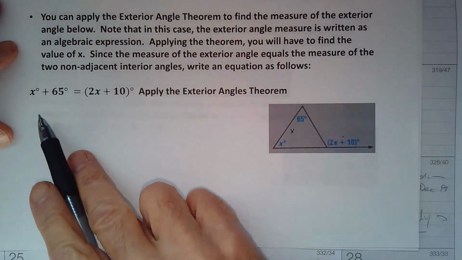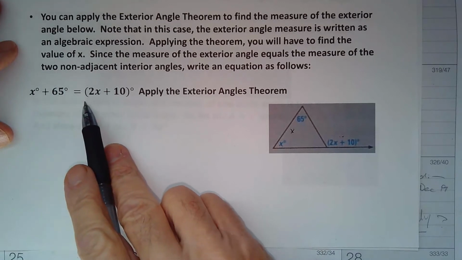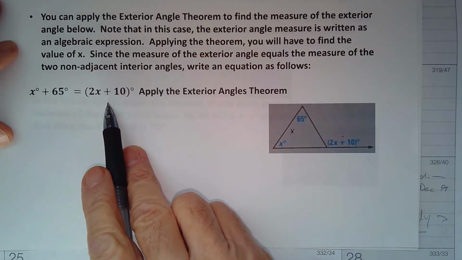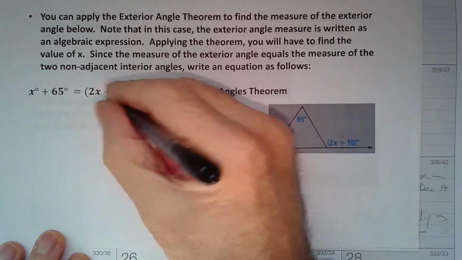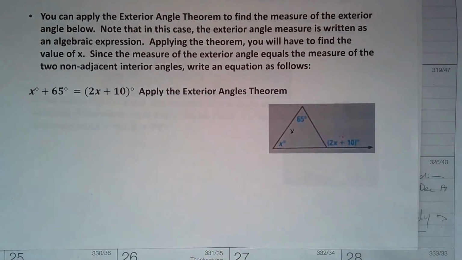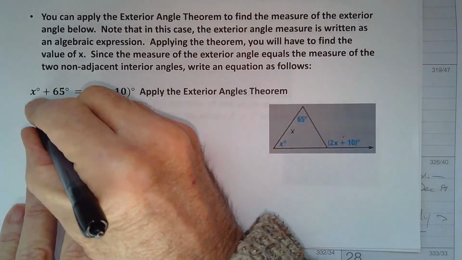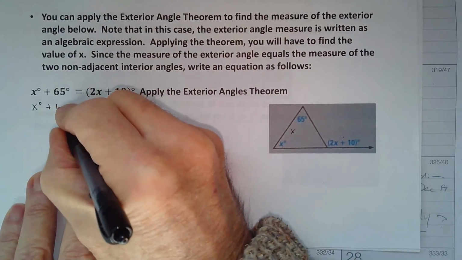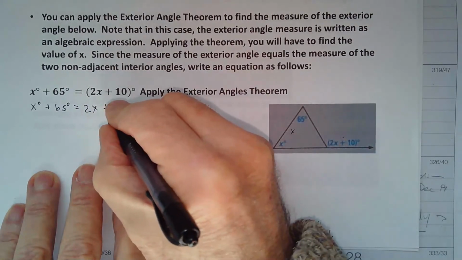So we rewrite this as x degrees plus 65 degrees equals 2x plus 10 degrees. Okay? So now all we really need to do is the algebra. Let's drop the parentheses, because frankly there's no reason to have them on there. And so let's just rewrite this as x degrees plus 65 degrees equals 2x plus 10.